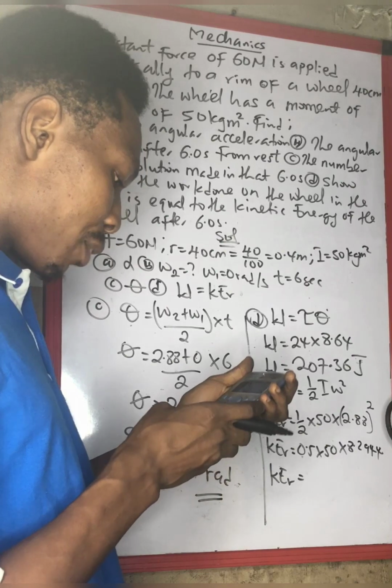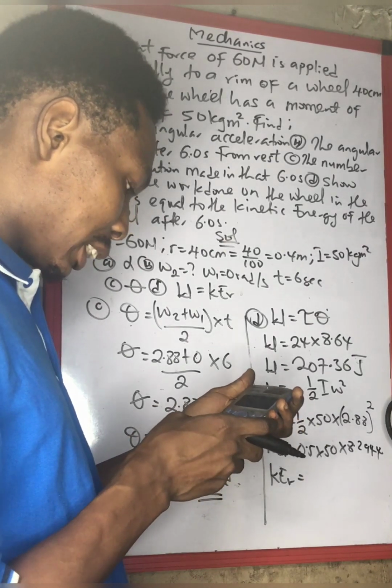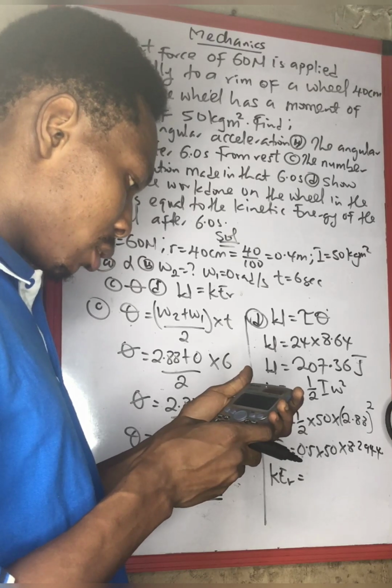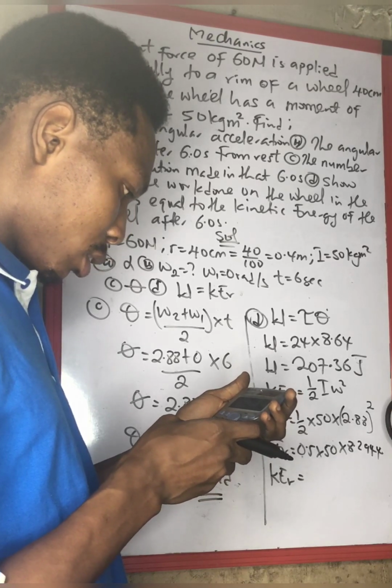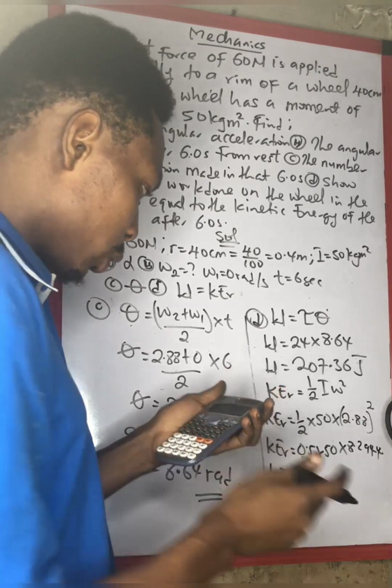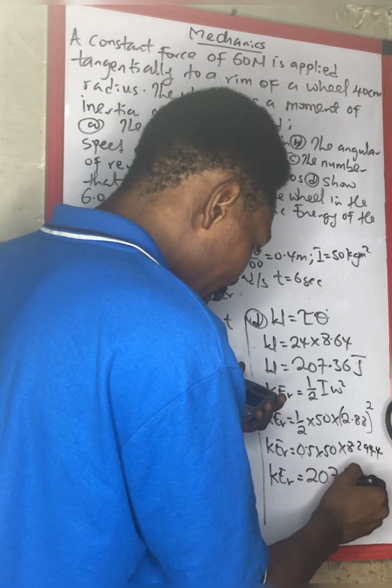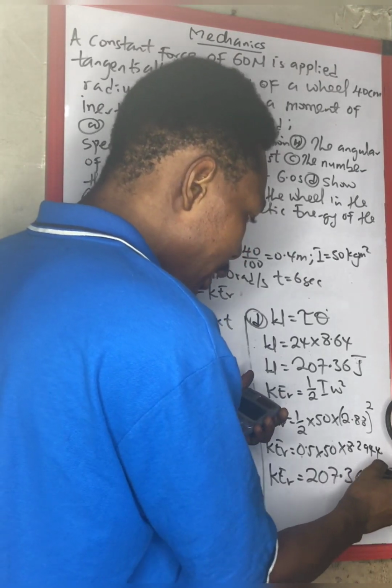When we multiply everything, 0.5 times 50 times 8.2944, it's going to give us 207.36 joules.